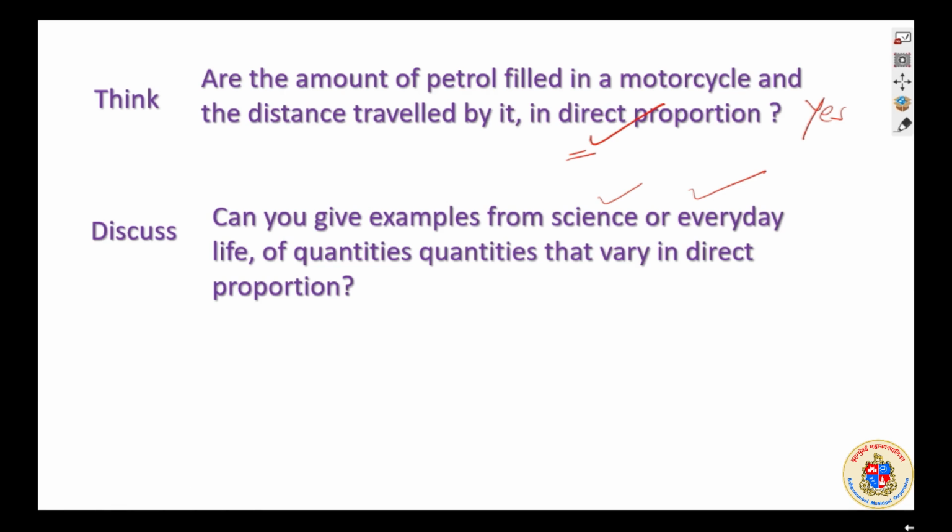If you can give an example from the field of science or everyday life, well and good. I don't want to help you, in fact, because these are given for you to think and discuss. And there are many examples from science and everyday life where one quantity increases and the other quantity also increases.